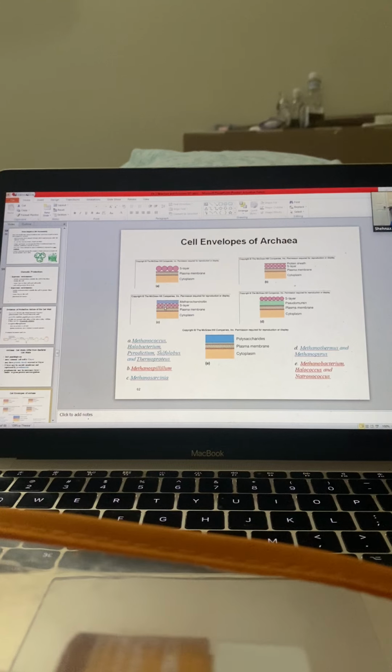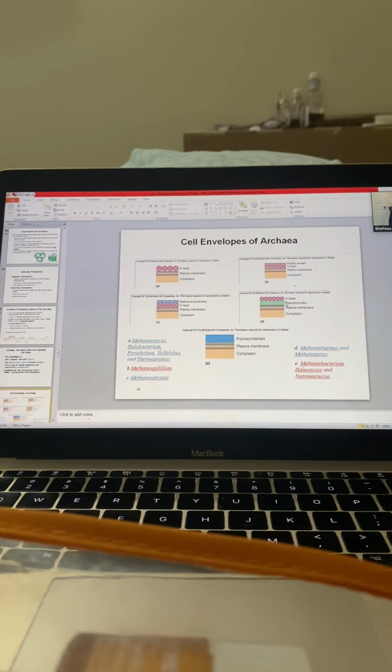In this third one, Methanosarcina, they have an S layer. The S layer, as I said, is very common in most archaea, but they have methanochondroitin as a layer on the surface of the S layer. In Methanothermus and Methanopyrus, they have the S layer, but under the S layer is what we call the pseudomurein.